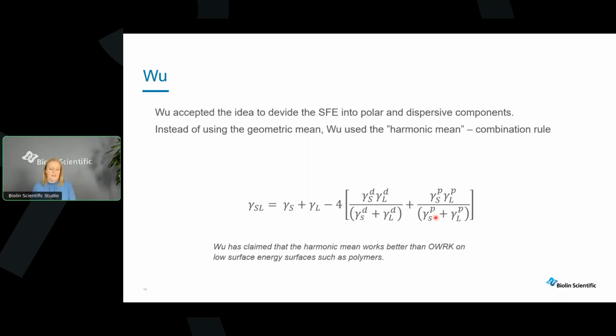But again, in reality, there are only the dispersive and polar components of the solid and liquid in the equation. And the same way as with the OWRK method, the Wu method can be solved if you measure the contact angle with two liquids with known polar and dispersive components.